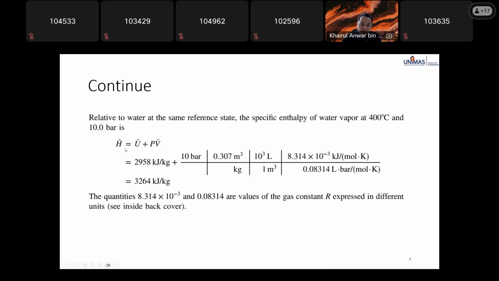To identify H, you can use this equation. 2958 is from the table, plus 10 bar times the specific volume, which needs conversion.